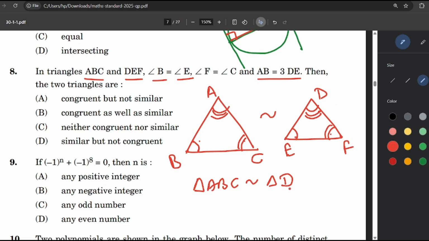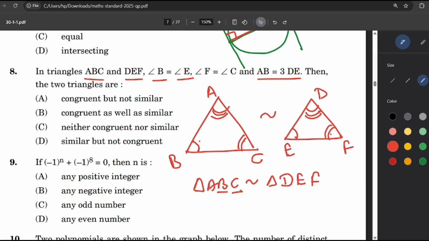No, we will write only D here. Now the corresponding of B is E, so we will write E in the second place, and here F. So we can say that ABC is similar to DEF.